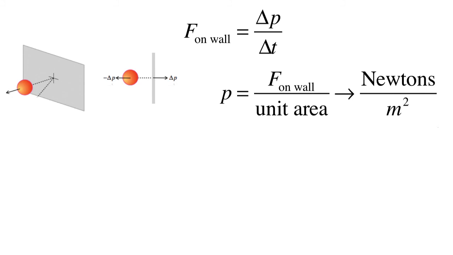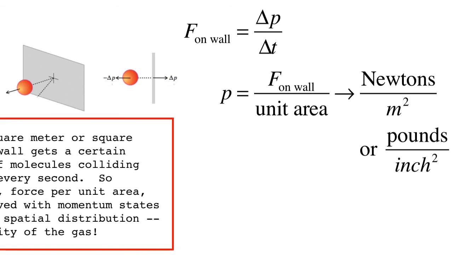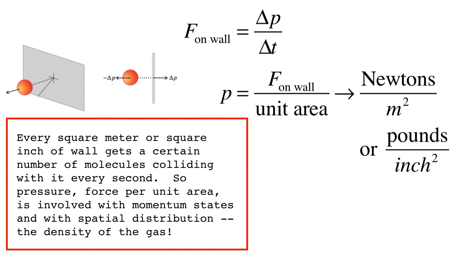In the English system that we use for car tires, bike tires, it's pounds per square inch, PSI. Right? So the idea is that every square meter or every square inch of wall gets a certain number of molecules banging into it every second. All right, that's a certain amount of delta P per second.